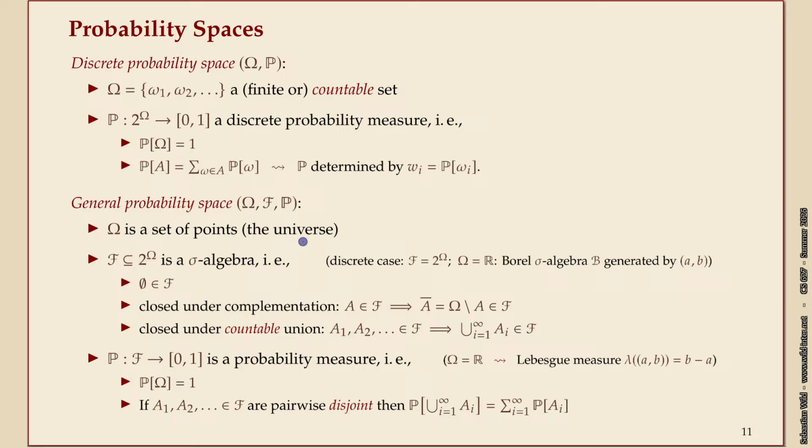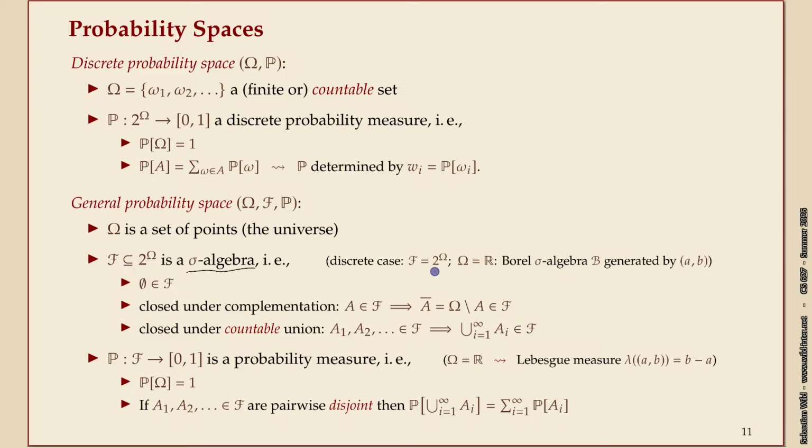And then we have to speak more carefully, because we can't use all subsets if omega is a continuum. So instead, we'll take what is called a sigma algebra, which is just a collection of sets with some properties. These are all sets over omega.